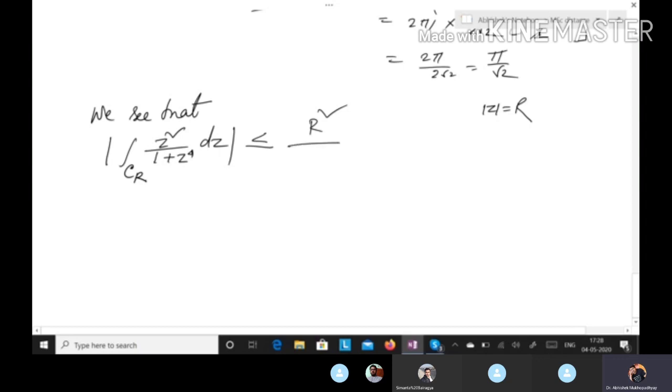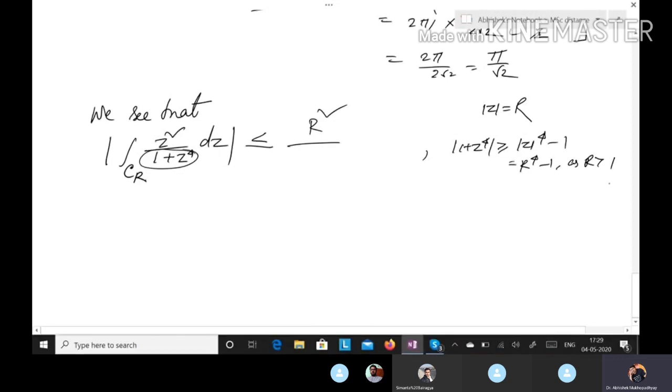now for this denominator, what we can have, that is mod of 1 plus z to the power 4 will be greater equal to mod z to the power 4 minus 1. Since r is greater than 1, so it is r to the power 4 minus 1.